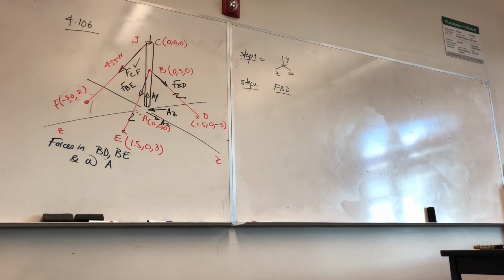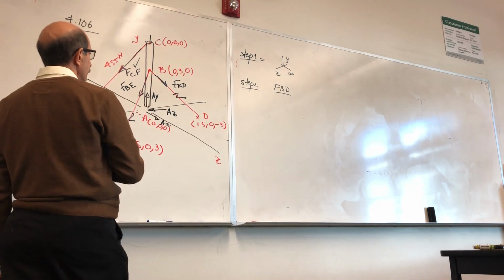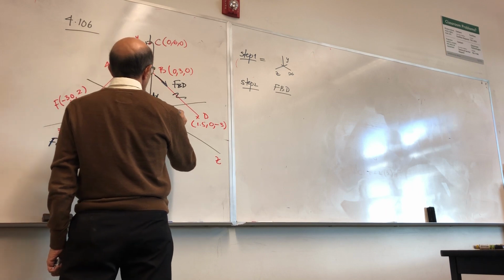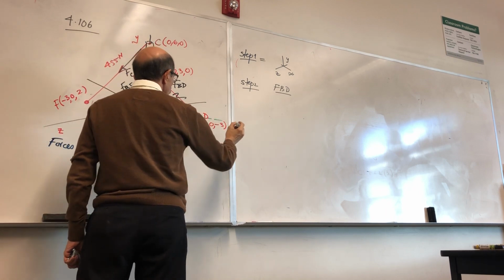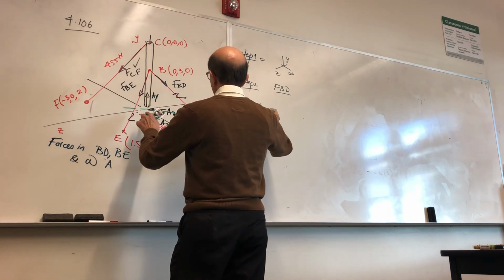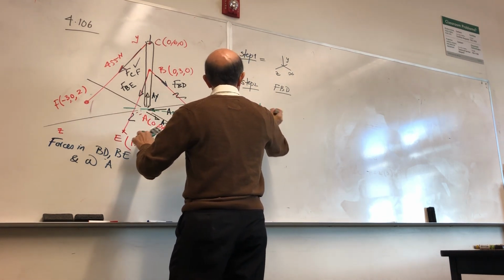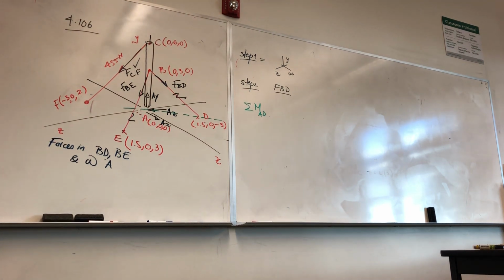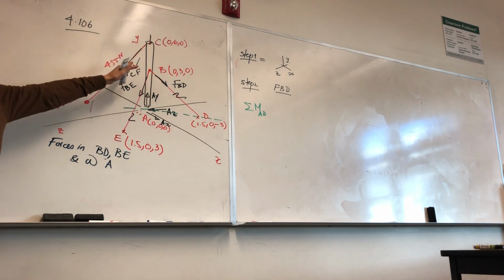How about if I consider something like this? Summation of moments about AD. How many unknowns do I end up with? Just the force BE, right? Because I have the magnitude of this force.